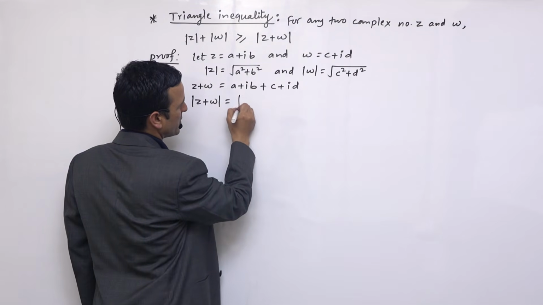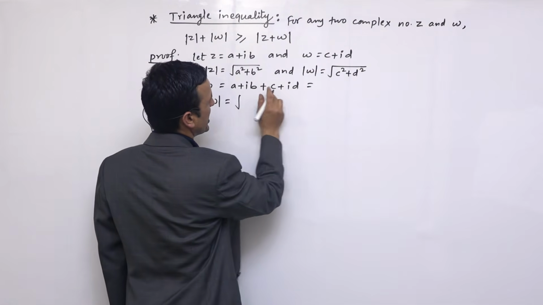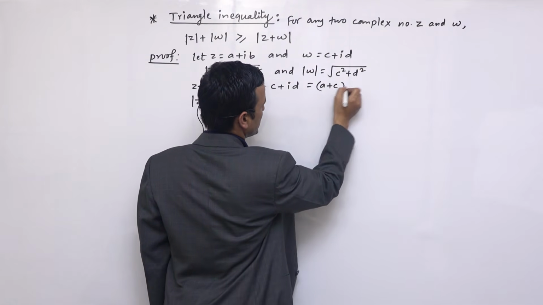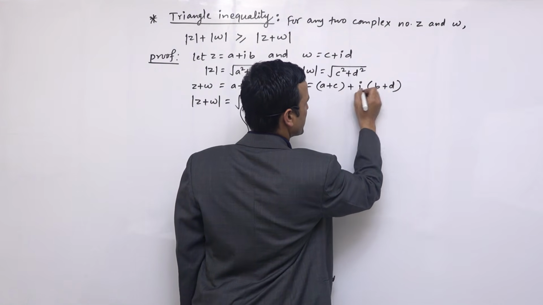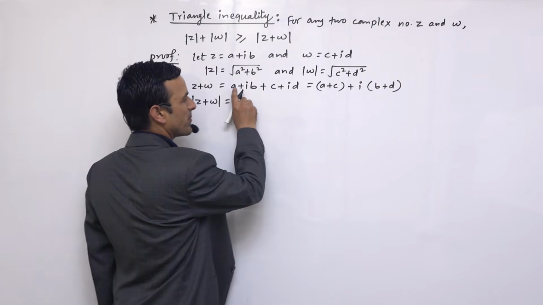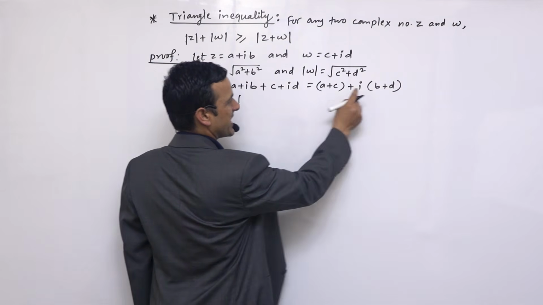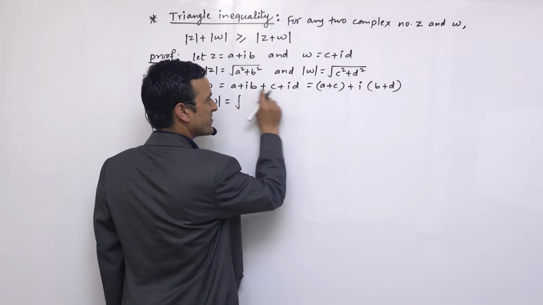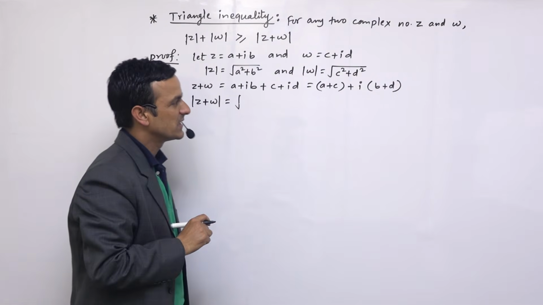For this, we write a plus c in one place, and I is common, so it can be written as i times (b plus d). The real parts are put together, and i is taken as common from these two terms, and the remaining term is b plus d.